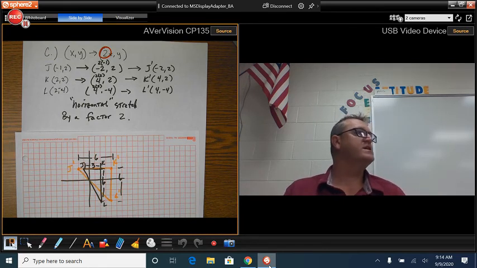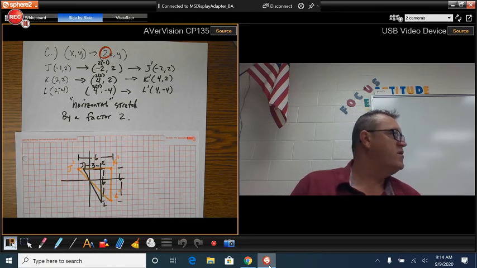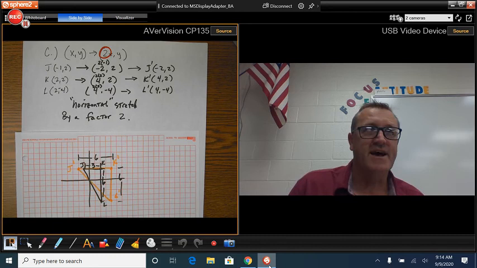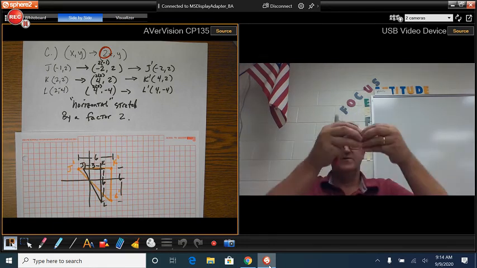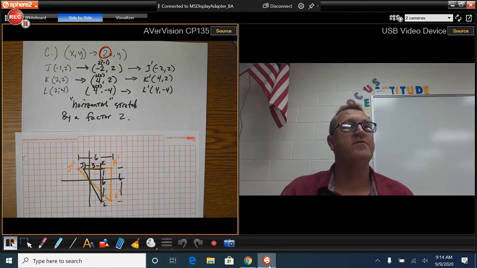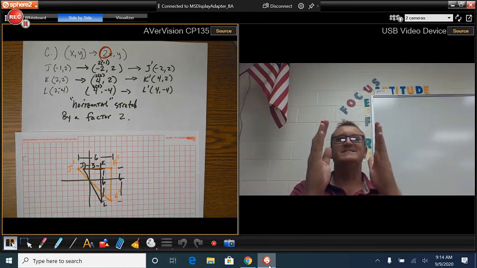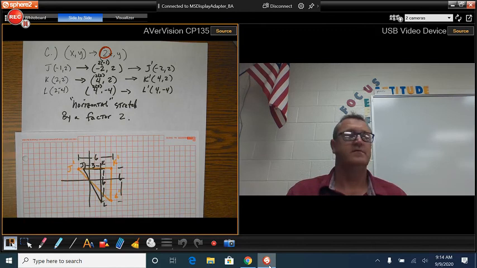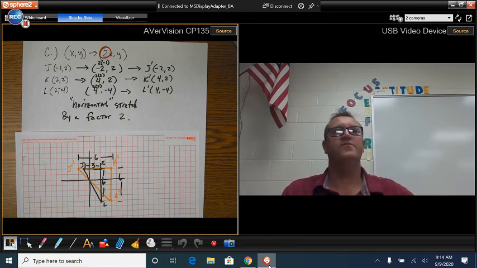If it's greater than 1, it stretches it. If it's less than 1, it shrinks it. Let me say that again. If it's greater than 1, it stretches it. If it's less than 1, so we multiply by 1/2, it condenses it. It shrinks it. You're going to have some of those on the homework. All right, questions so far?